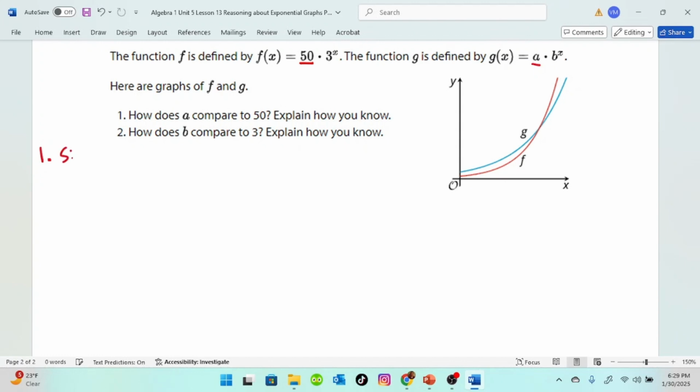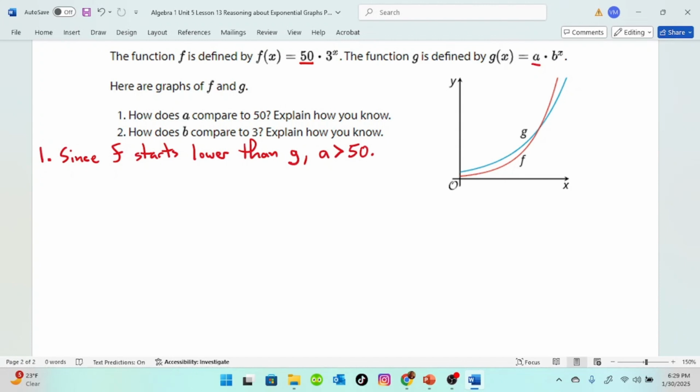So we could say, since f starts lower than g, a is greater than 50.